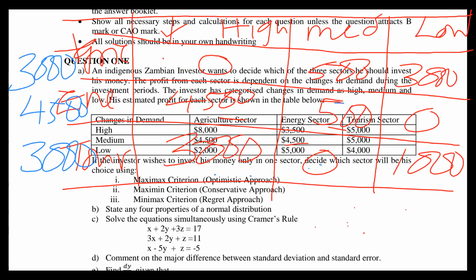So this implies that this person can invest in either tourism or agriculture when they use the min-max criterion. The idea is to minimize the regrets. Are we fine with the min-max? Any question from anyone?